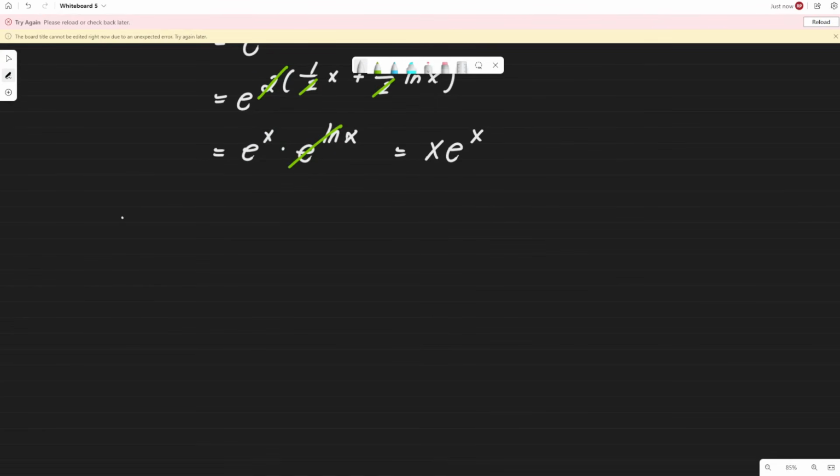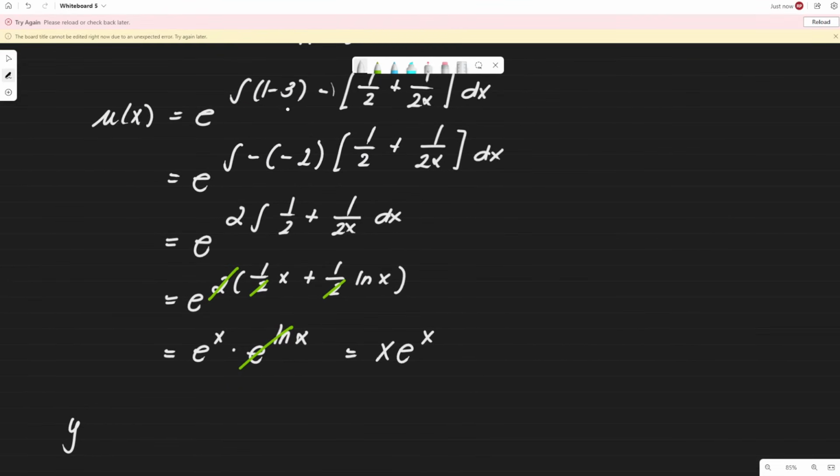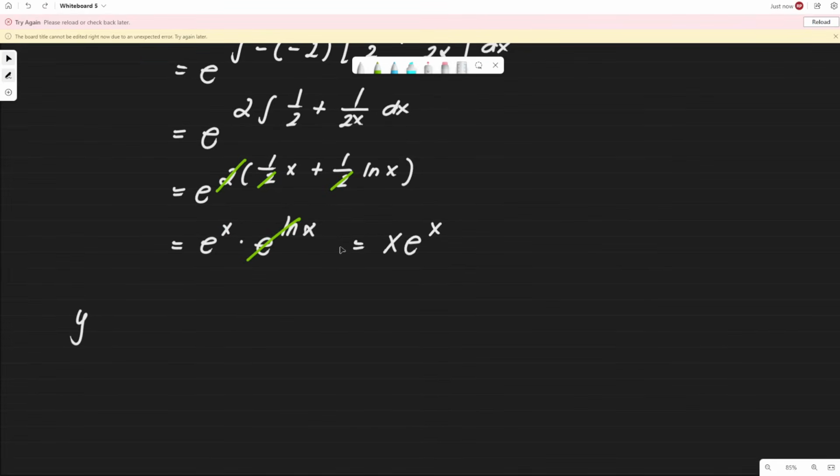So we'll have y, what is our n? This is our 1 minus n, so that is 1 over 3. Sorry, this is negative 2.